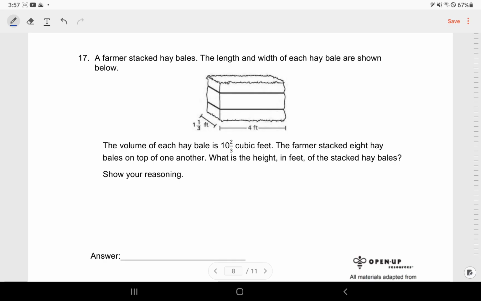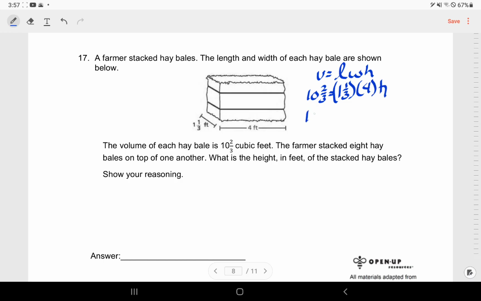So, we know volume is length, width, and height. We know our volume is 10 2/3. And we know our length and width are 1 1/3 and 4.